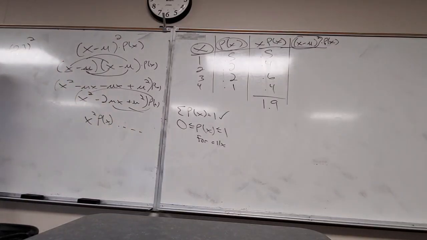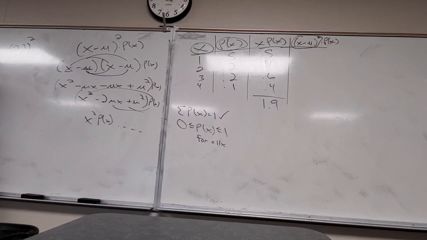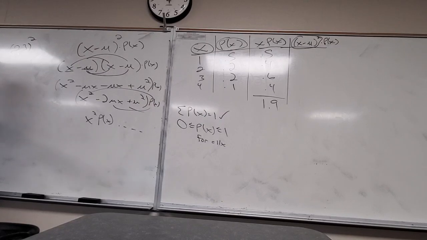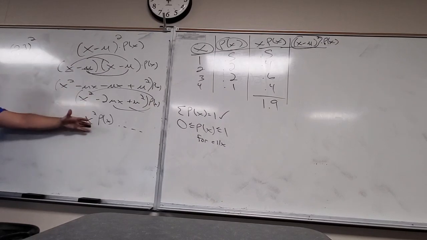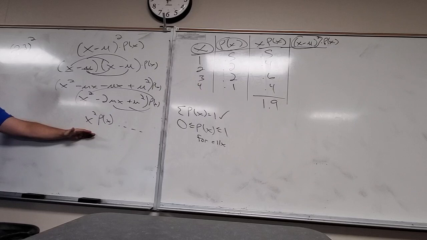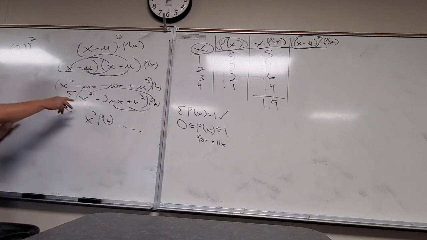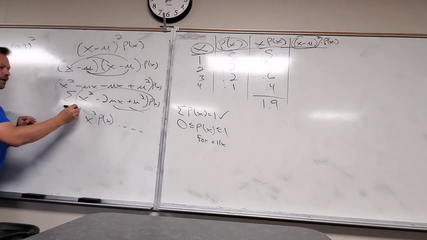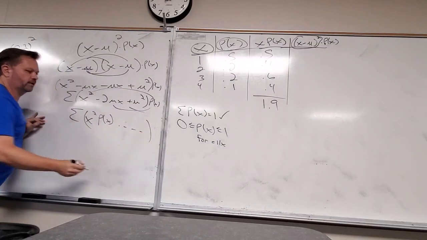You guys with me? We just foiled, so we haven't done anything fantastic. It's just playing with variables. If I add these up, I'm going to get the standard deviation.